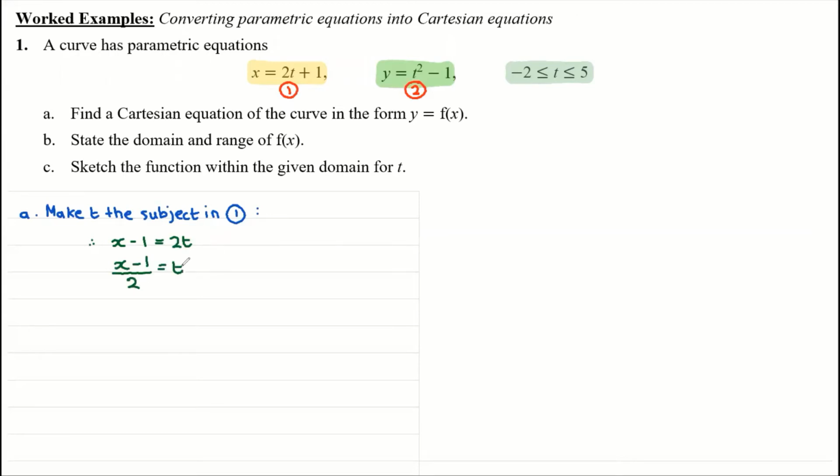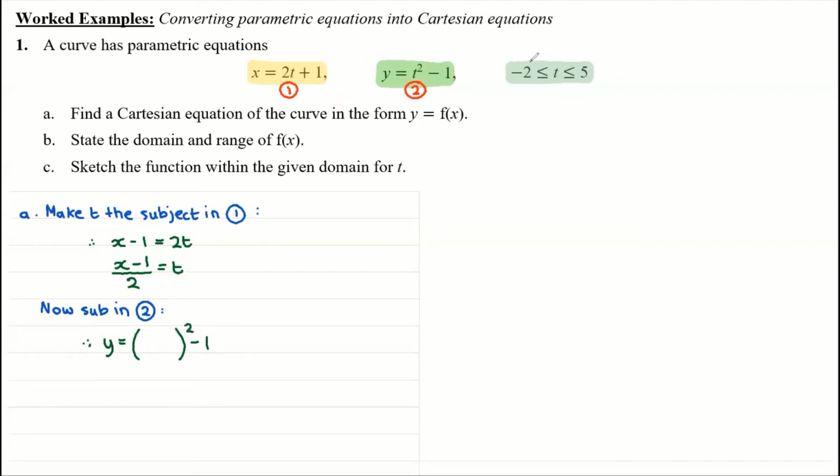Okay, and now we can sub that into equation 2. All right, and if we do that, let's see what we get. So therefore, we get y would be equal to, now it's t squared, so it's going to be whatever my t is squared, subtract 1.